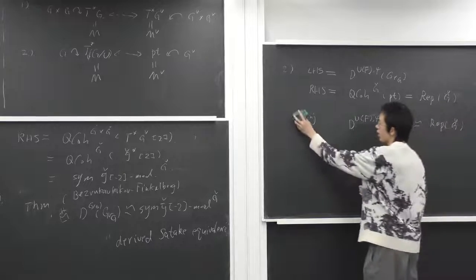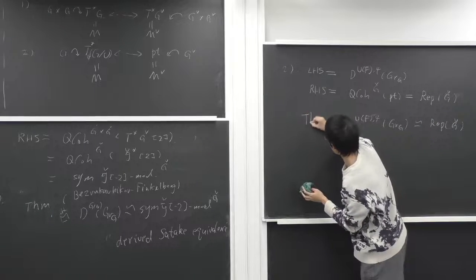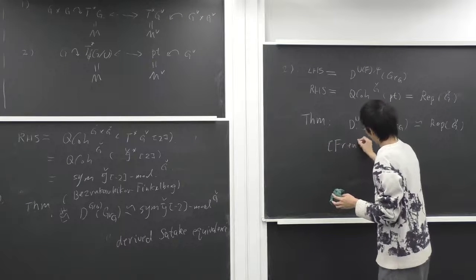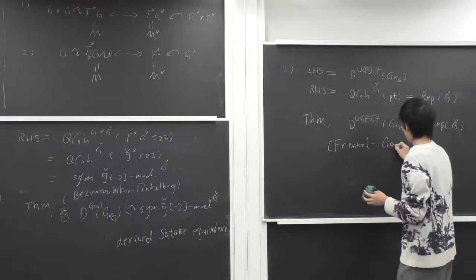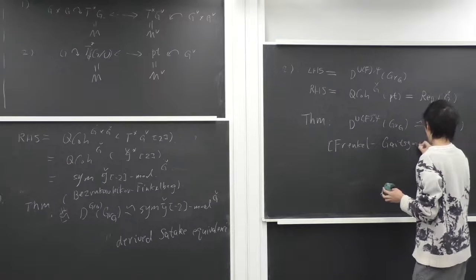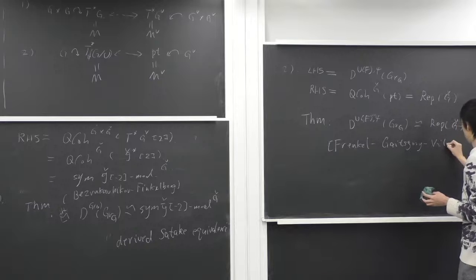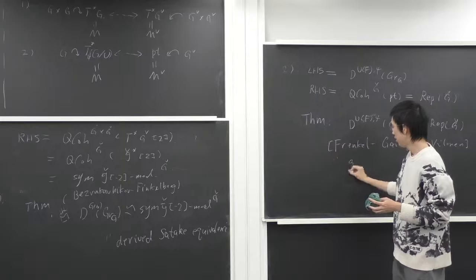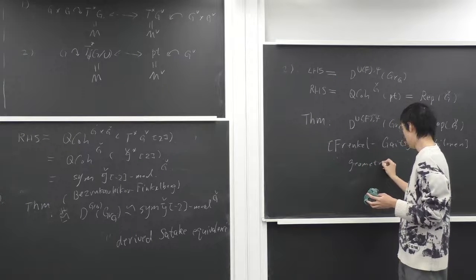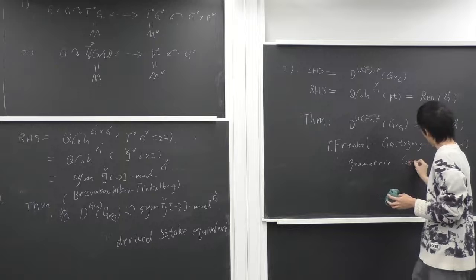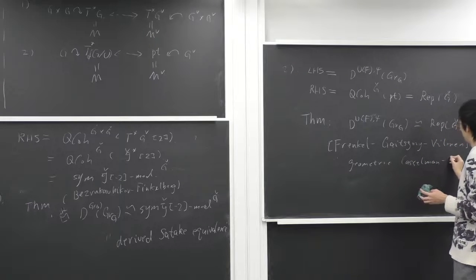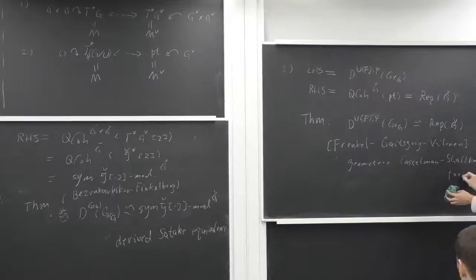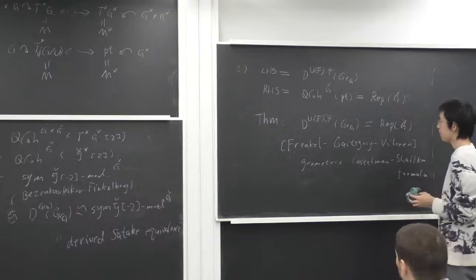This conjecture also has already become a theorem. It is due to Frenkel, Gaitsgory, and Vilonen, under the name of geometric Casselman-Shalika formula.